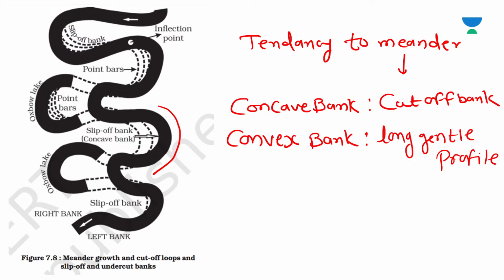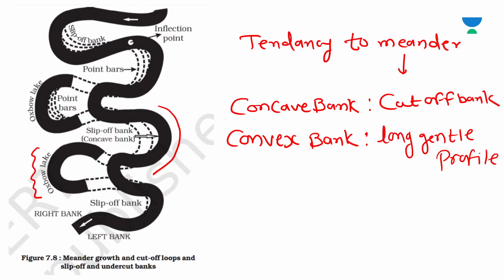Now, as the meanders grow into deep loops, the same may get cut off due to erosion at the inflection points and are known as oxbow lakes.